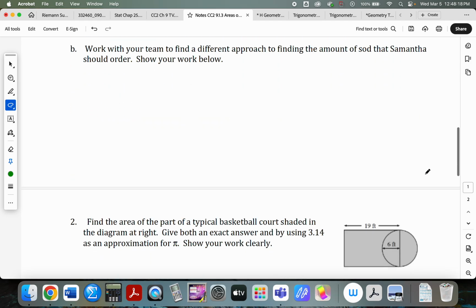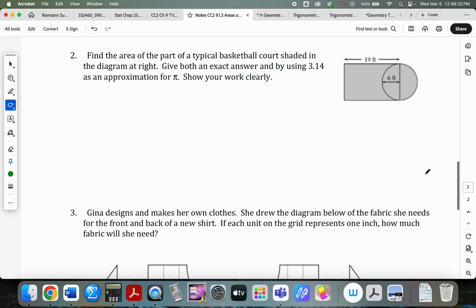All right, let's go on to the back. So let's find the area of a typical basketball court shaded in the diagram at the right. Give both an exact answer and one using 3.14 as an approximation for pi. And we're going to practice showing our work clearly. So let's think about what we need to do here.